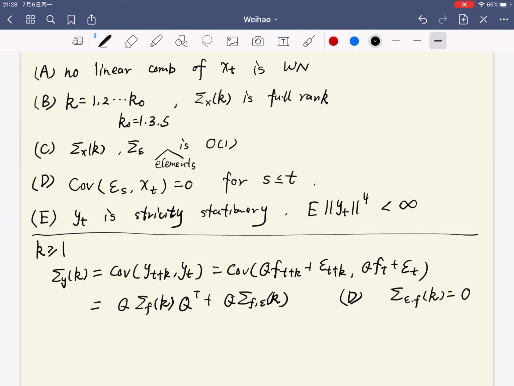Because there are some cancellations for different lags if we add them together, in order to keep the information for different lags, we can square them, to make all lag information positive. In matrix language, that is to make a positive semi-definite matrix.